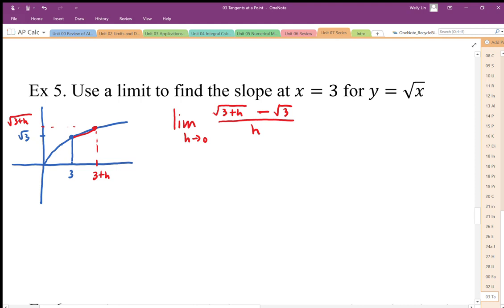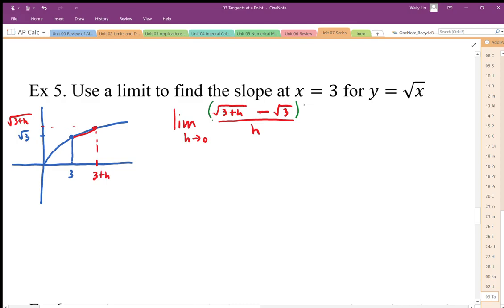Now, this is something that's hard to think of, but once you've seen it, you should remember this and know this. We're going to unwrap that h in the square root by doing this. We're going to multiply by a conjugate, because we can't just square the top and bottom, we'd change the fraction.